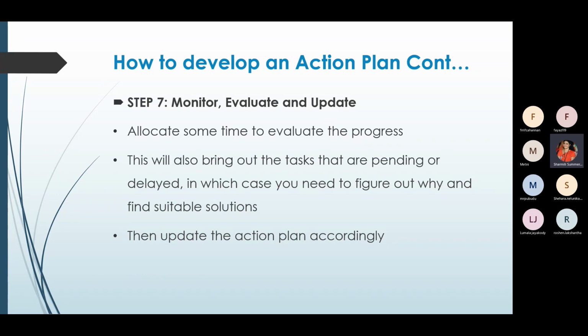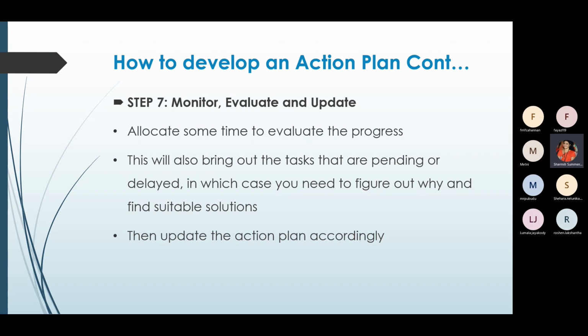Yes, so sometimes under the evaluation only, you can identify some task that you have planned couldn't be attained, or sometimes it may take some time delay, right? So in that sense, if you have some evaluation, you can identify those problems and you can work to sort out those problems, right?